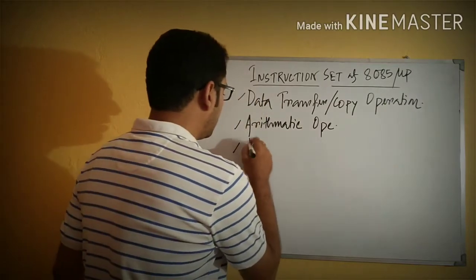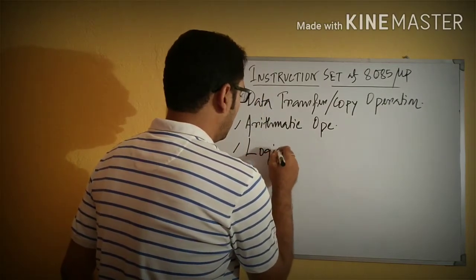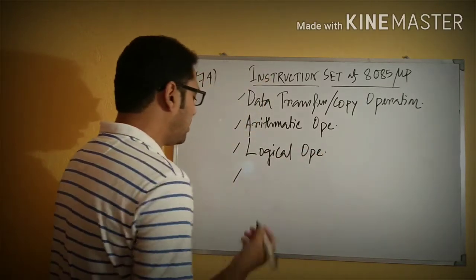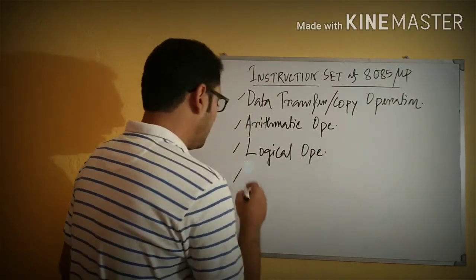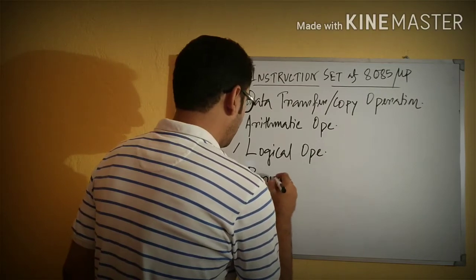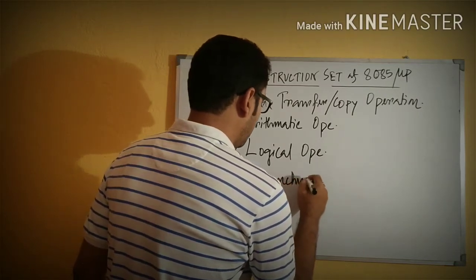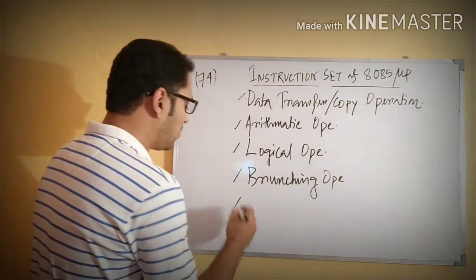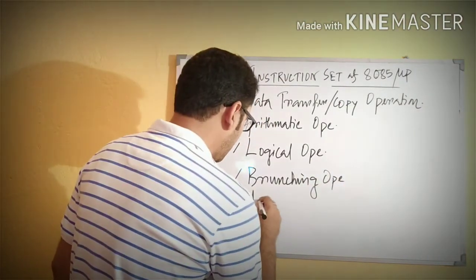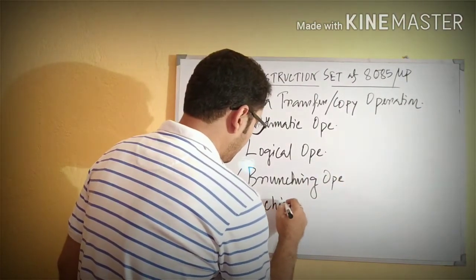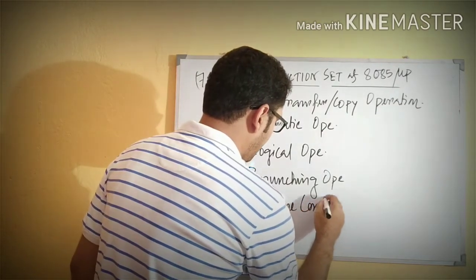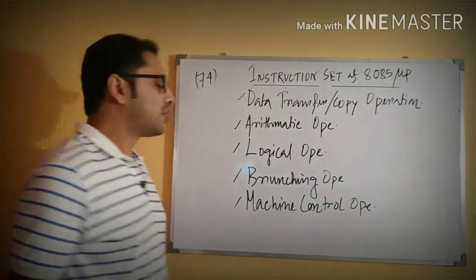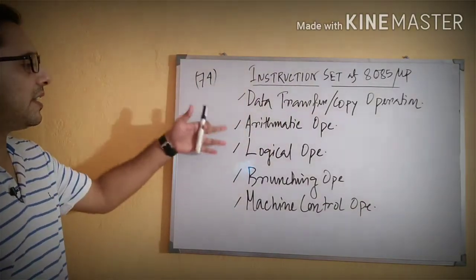The third one is logical operation. The fourth one is branching operation, and the last one is machine control operation.